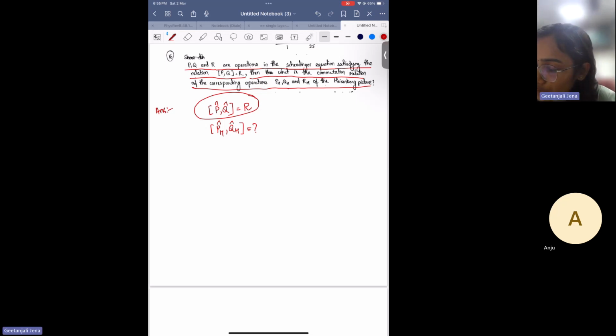So if we have operator P in the Schrodinger picture, then in the Heisenberg picture the operator is e to the power iHt by h-bar, P in the Schrodinger picture, and e to the power minus iHt by h-bar.